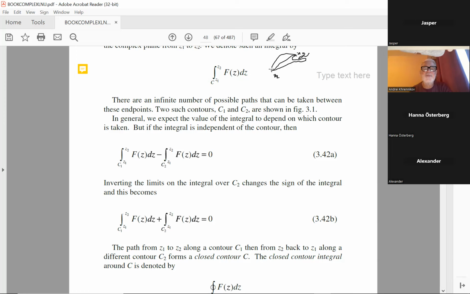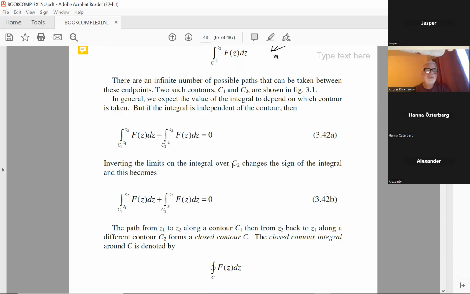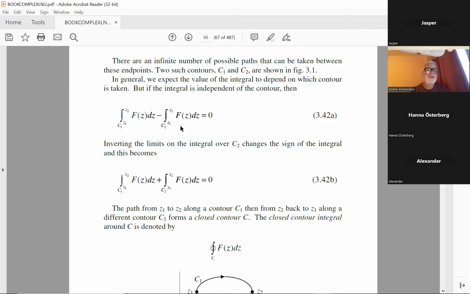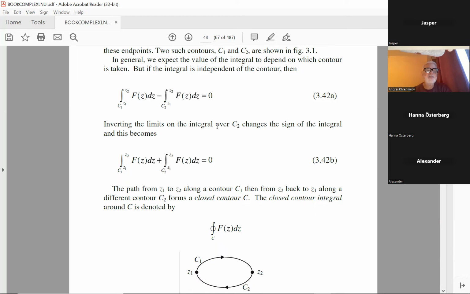So the integral from this point to this over this path is the same as the integral over any other trajectory which goes from this point to this. So we are interested in functions for which we have this condition.